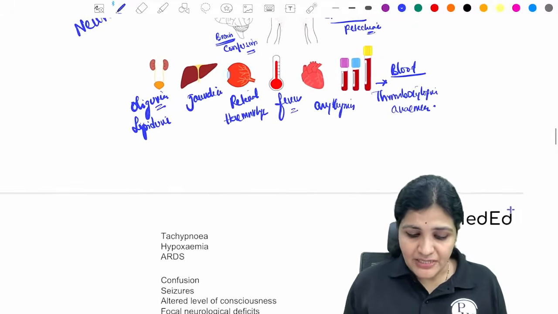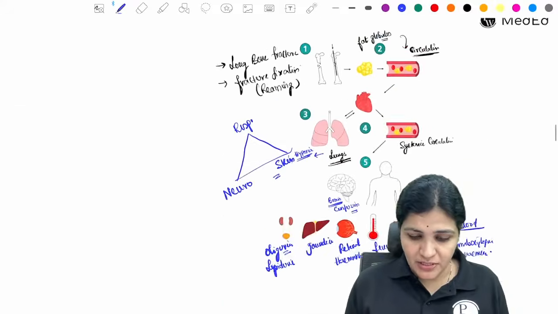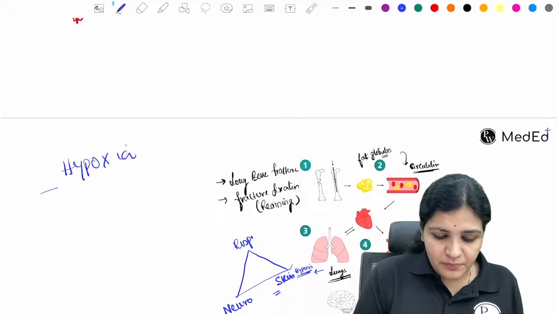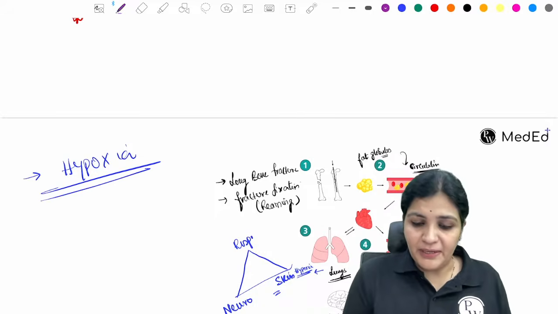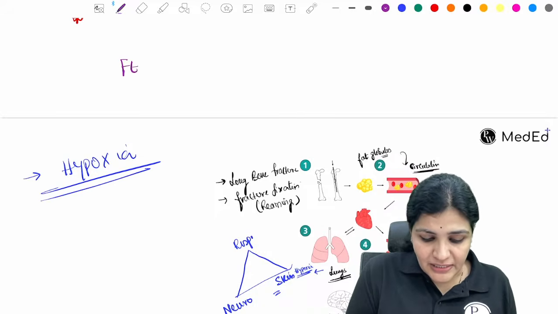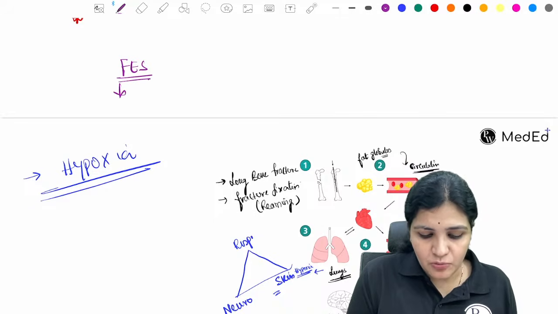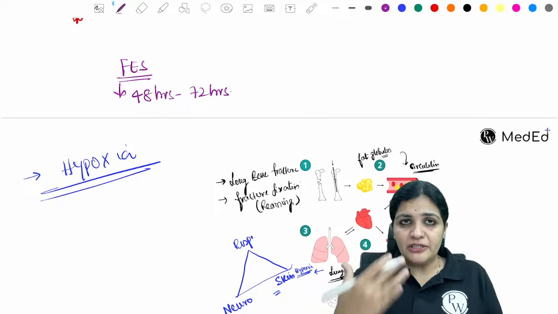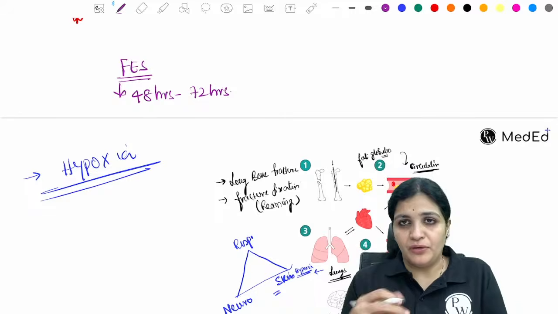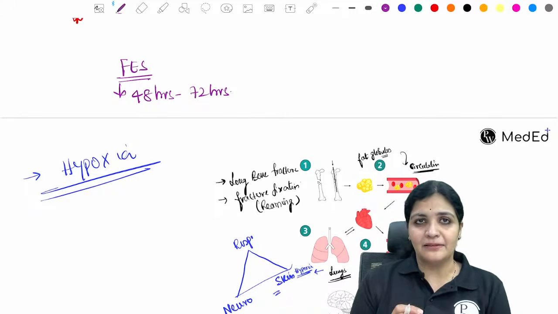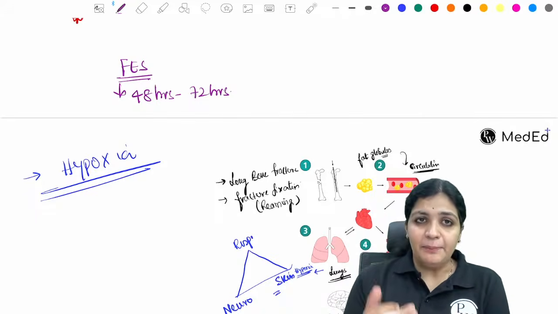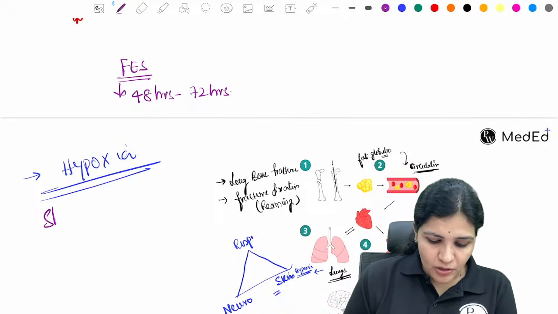So what is the first important thing which we see? The first important thing we see is hypoxia. Most patients manifest this usually 48 to 72 hours after the trauma; there is a gap for this to present. After that, the patient complains of shortness of breath.